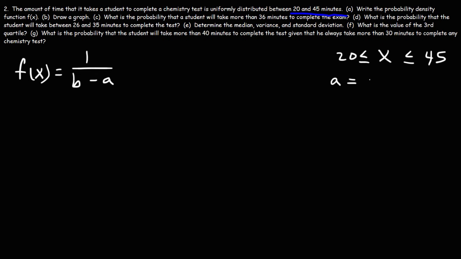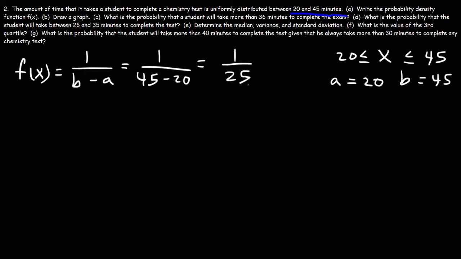So therefore, a is 20 in this example, and b is 45. So this becomes 1 over 45 minus 20. 45 minus 20 is 25. And so f of x is equal to this. Now let's move on to part B. Draw a graph.